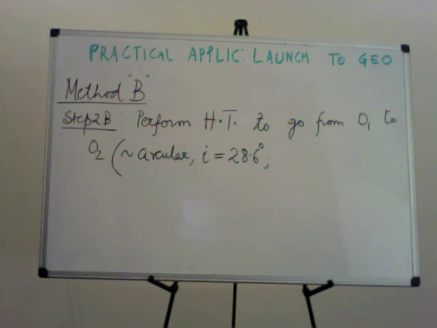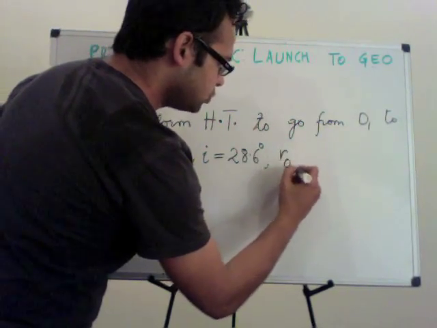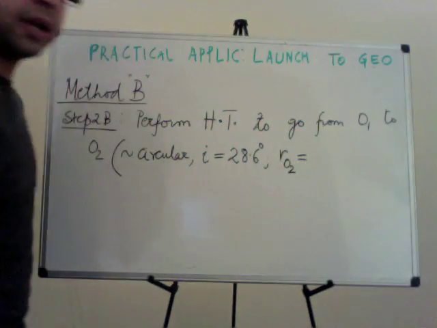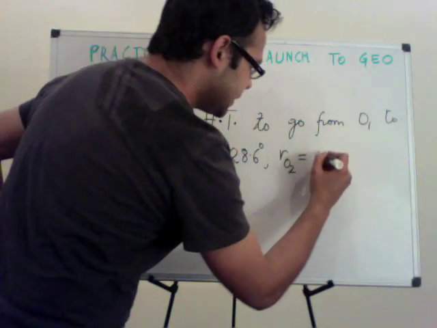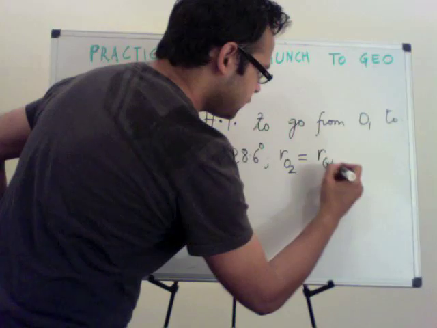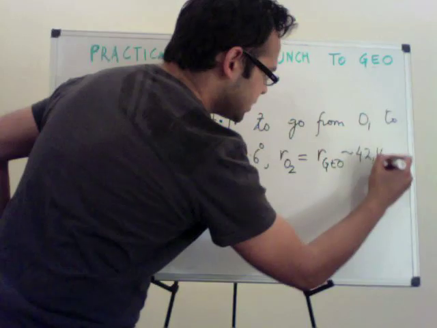It takes you from a smaller orbit to a bigger orbit, or vice versa, you can go either way. So here we are going to a bigger orbit from O1 to O2, and the radius of O2 is equal to the radius of GEO, which is 42,164 kilometers.